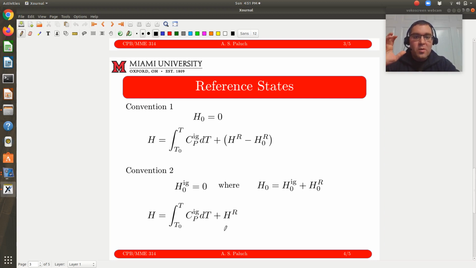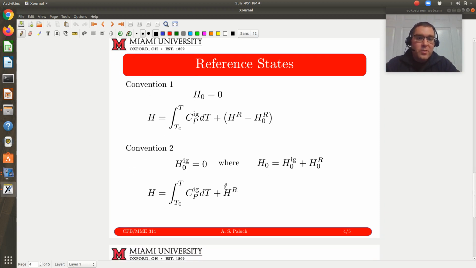And so here are the two common conventions used when defining a reference state: taking an actual value at some state to be 0 and defining everything in relation to it, or taking the ideal gas contribution to be 0 at some reference state, and then we define everything in relation to that.